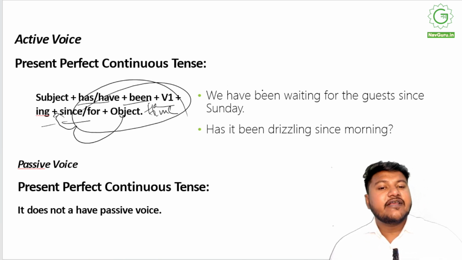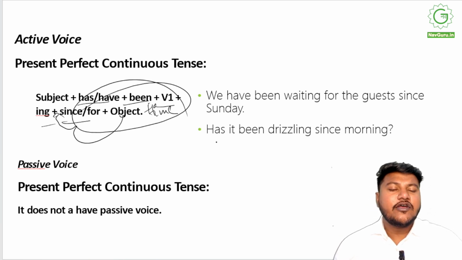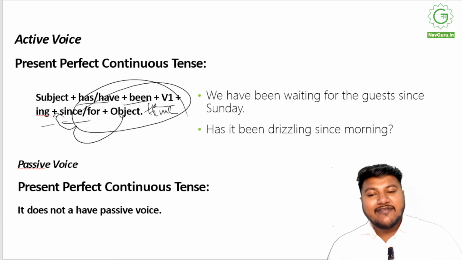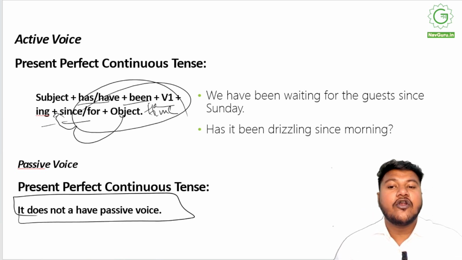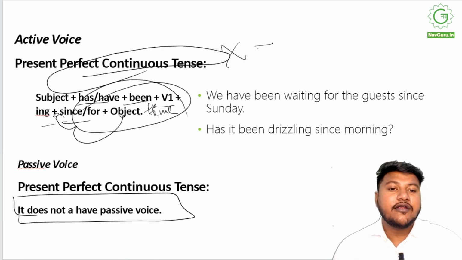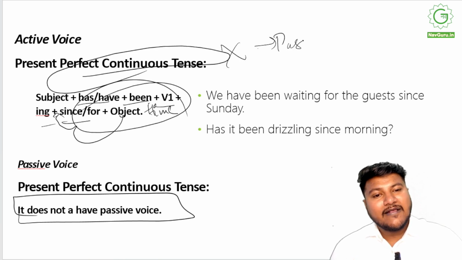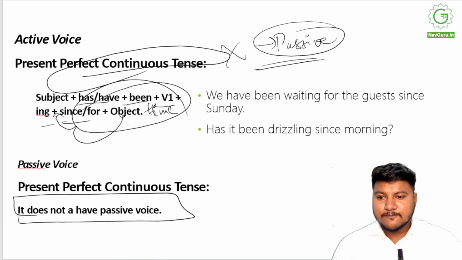So, "We have been waiting for the guest since Sunday." "Has it been drizzling since morning?" How do you convert it to passive voice? You don't. Present perfect continuous tense does not have a passive voice. Whenever a sentence is already in perfect continuous, you do not turn it to passive. It's just active voice.